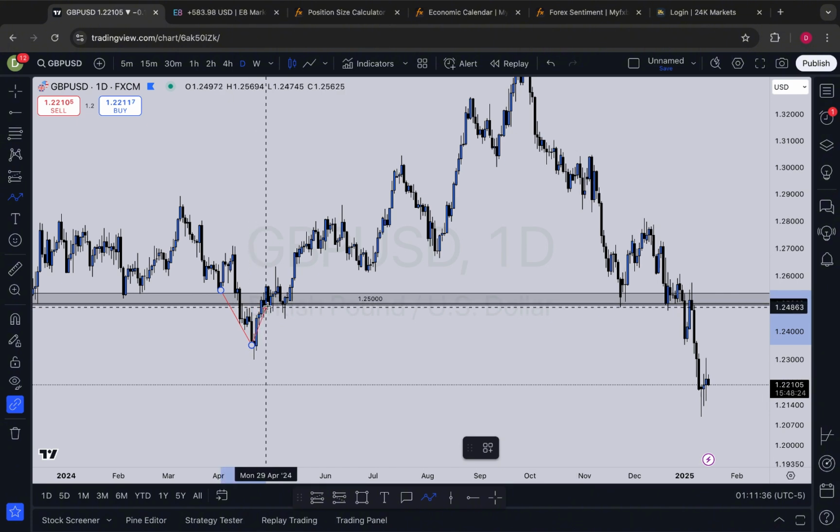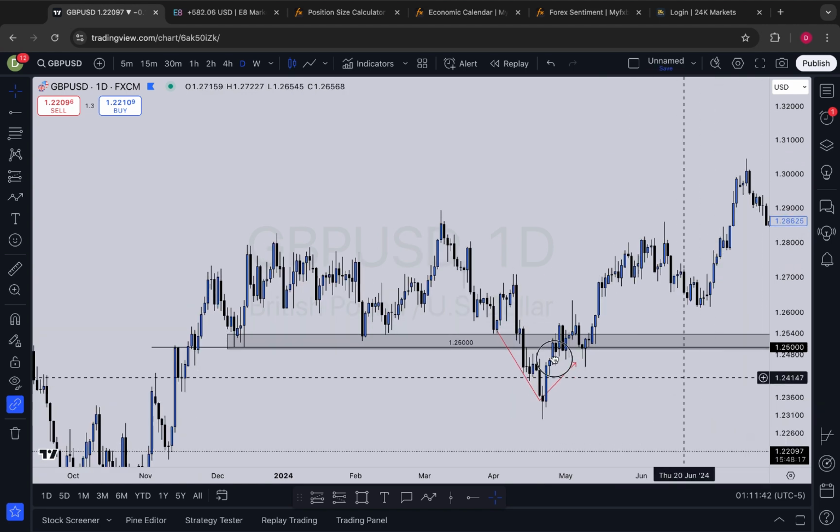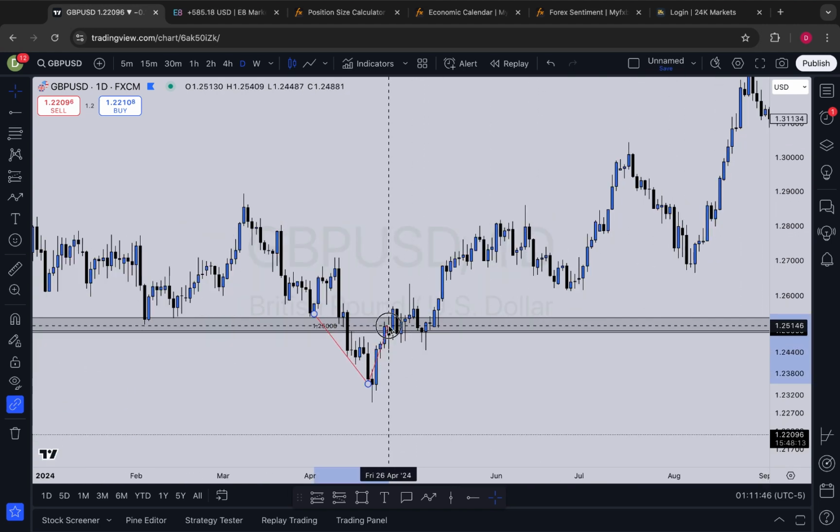Price is below this point, and price is trying to break above. It's trying to test it. It's called testing. So price is testing this 1.25 thousand level slash area, and it's trying to solidify itself again, right?